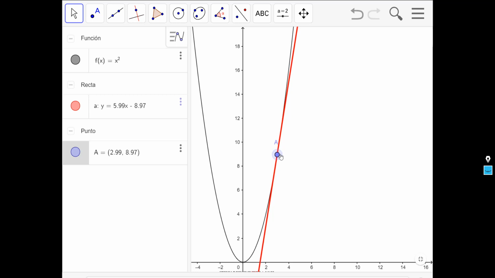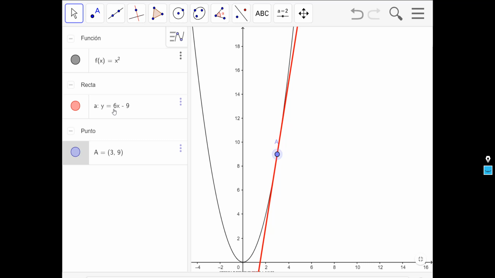I'm using the arrows in order to move very slowly. Right now I'm typing left arrow, right arrow, and so on. So at that precise point, 3, 9, the slope of this tangent to my function is this number, 6, which also was the number that we got.